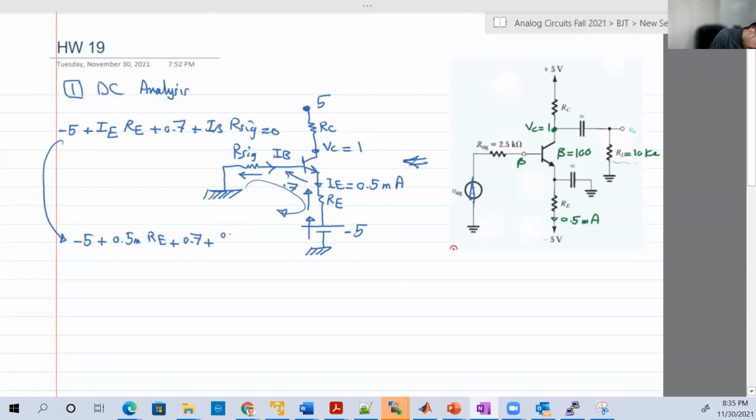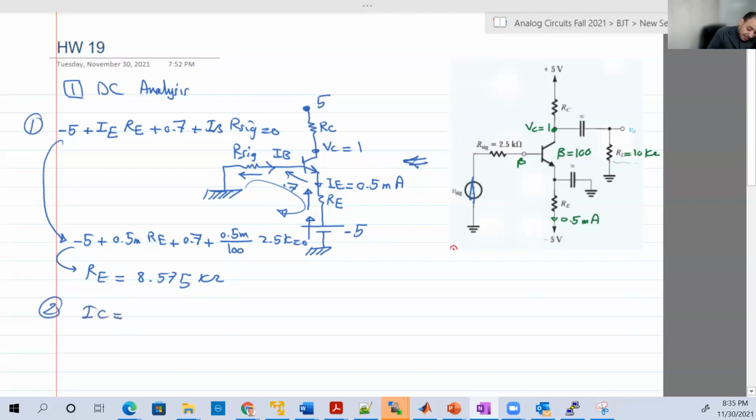And IB is just 0.5 milli over 101. And R signal is known, it's 2.5 kilo ohms, equal to 0. So we have here one unknown, which is RE. From that, we can get RE. RE is 8.575 kilo ohms. This is number 1.